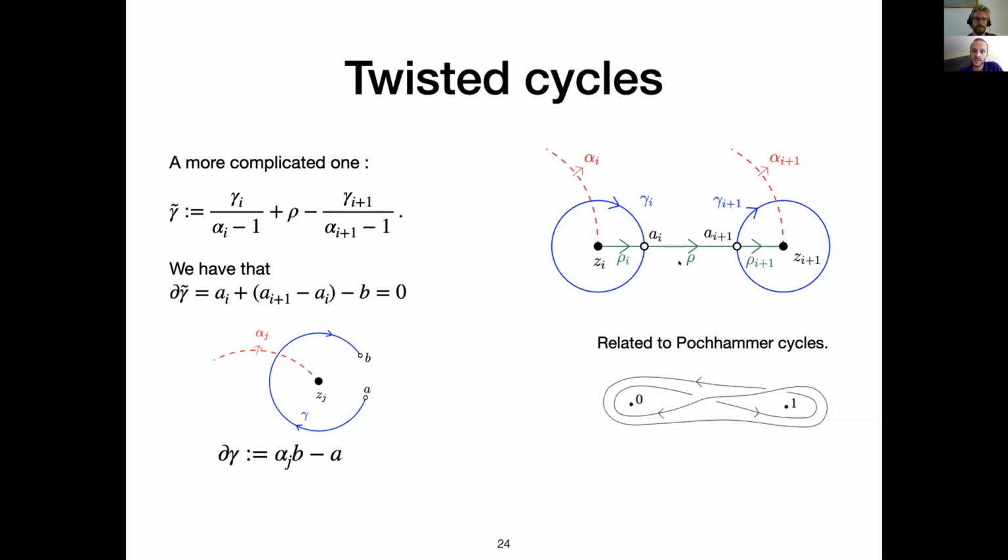So you have this gamma I part, rho, and gamma I plus 1. If you apply this rule I've told you about before, you would need to define your path gamma tilde with inverse monodromy factors so that it is a cycle. But then when you compute the boundary of this cycle, you'd find it's empty, so it's actually a cycle.